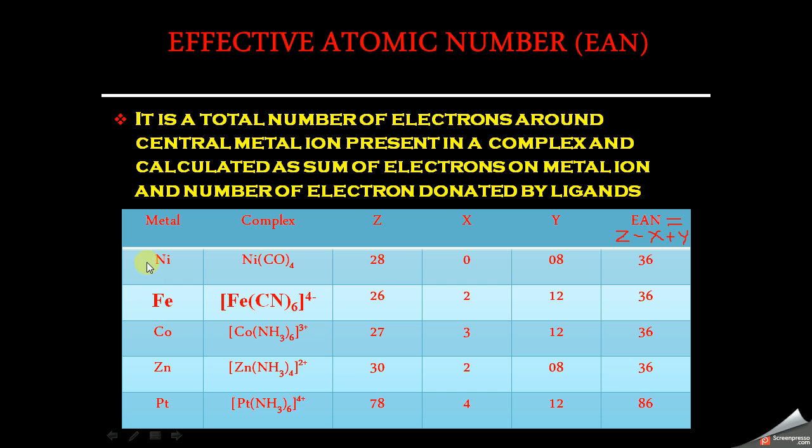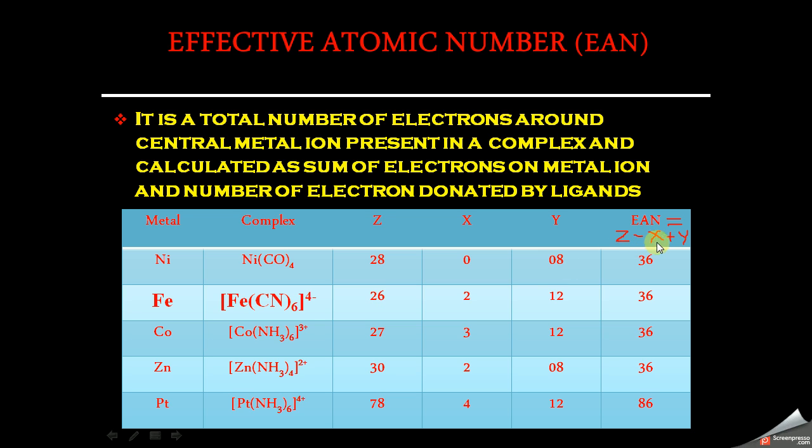See, nickel is the metal, the complex is Ni(CO)4, the atomic number of nickel is 28, so the Z value is 28. No electron is lost during the formation of the metal ion from the nickel atom, so 0 is the X value, and there are 4 CO, they donate 2 electrons each, so 8 electrons.